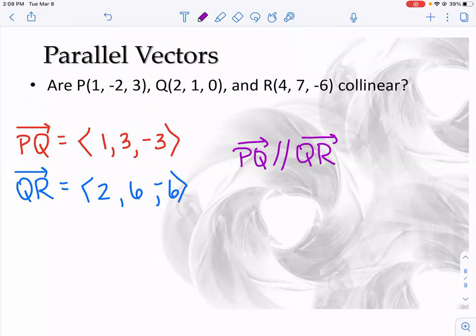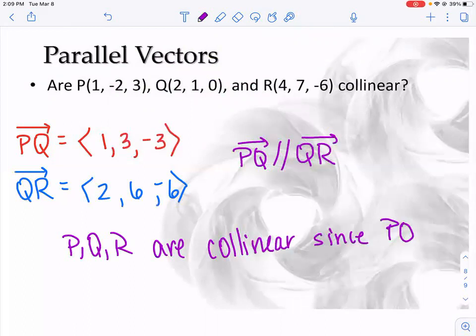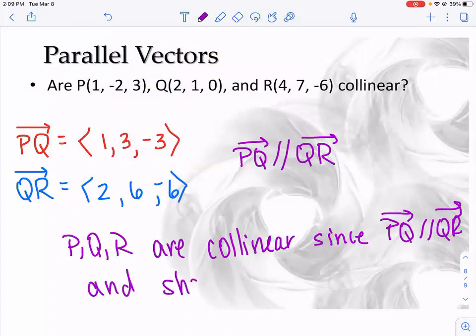So, P, Q, and R are collinear since PQ is parallel to QR and they share 1 point. If your two vectors were not parallel, then you would not have collinear.